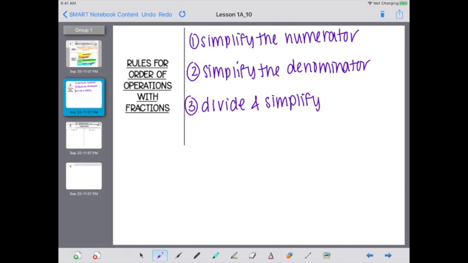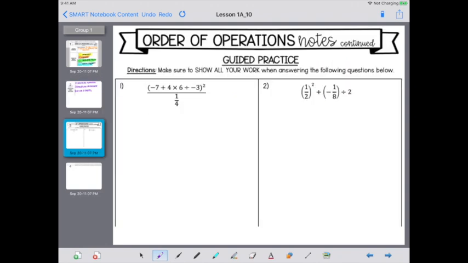Okay, let's get into some practice problems. For number 1, you want to make sure you're following PEMDAS, your order of operations, inside your parentheses. So we're going to first deal with your numerator. So we have -7 plus 24 divided by -3 all to the second power.